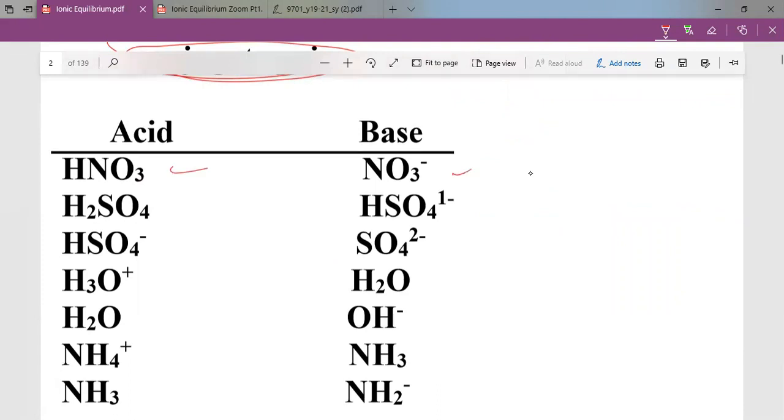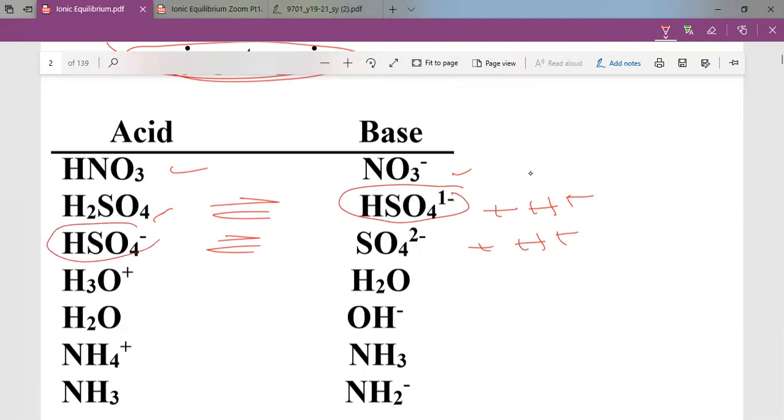Now this one can go two ways, as in the one before: it goes to H plus, and this one goes further to give plus H plus. So this one can act as a base as well as an acid. You can see because it can have two Kas, this is Ka1, this is Ka2.